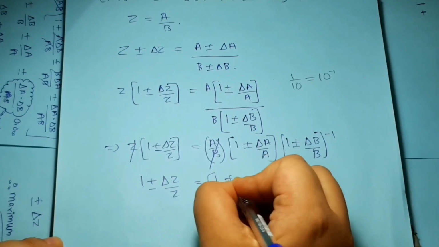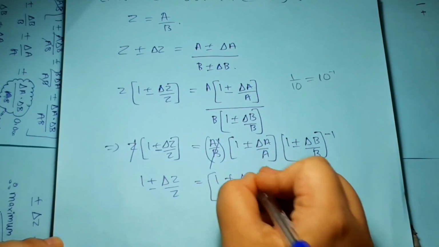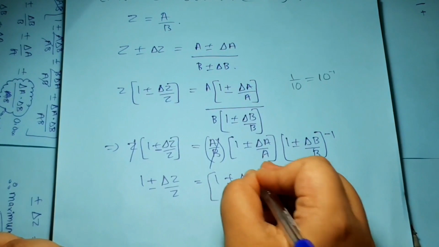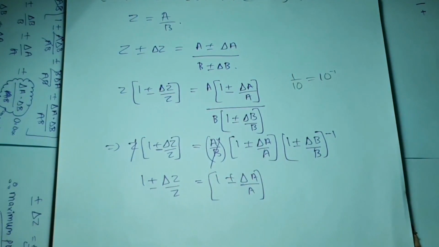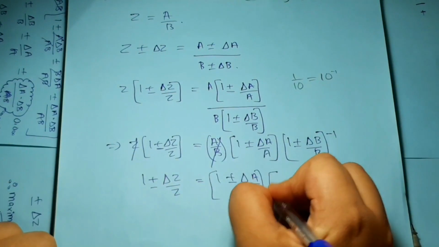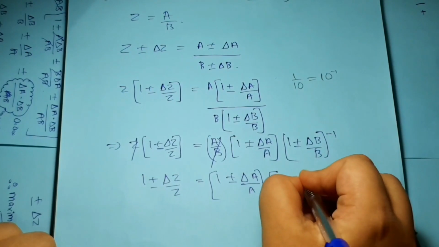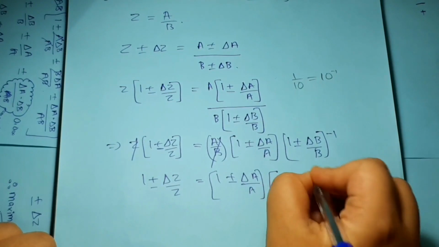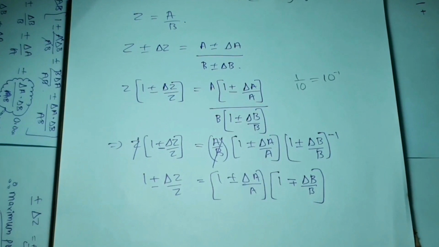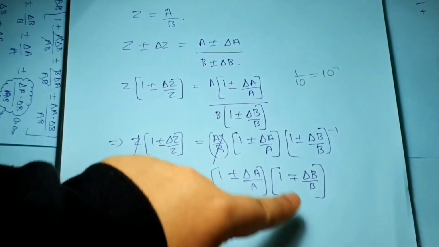before opening the bracket, we try to convert this into proper form like how we have here. So how are we going to do that? This will be 1 minus plus delta b by b, because the sign is changing. Understand how it's changed, okay? Minus and plus.